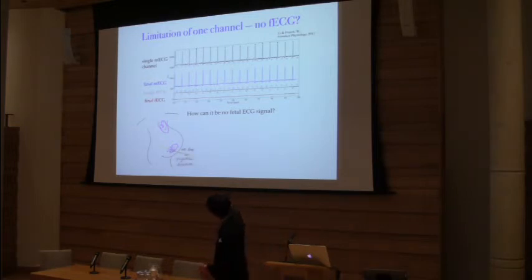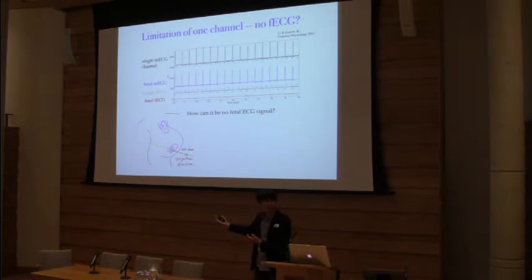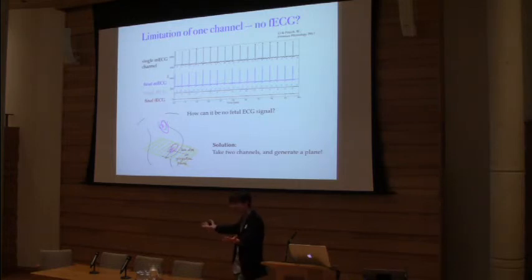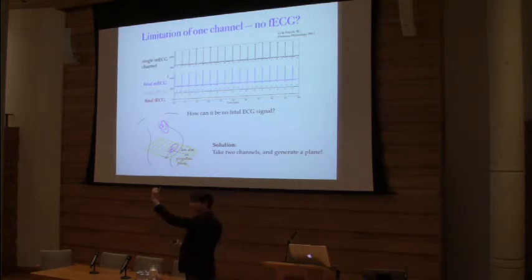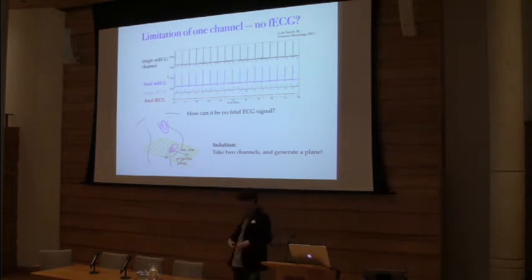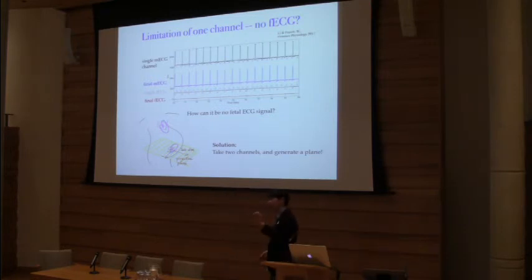And if you have only one direction, maybe this direction is perpendicular to the cardiac axis, so you don't get anything. However, if you now have a second channel, then you can expand a plane. And the chance that the cardiac axis is totally perpendicular to this plane is much smaller. So if I allow you two leads, two channels, then I can guarantee that the accuracy can be improved and we can get much more.